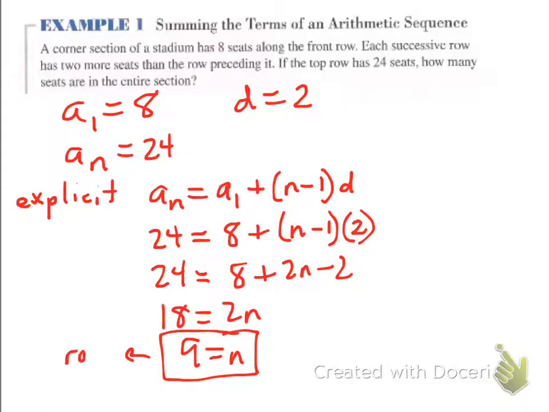This is the number of rows. Now, it says how many seats are there in the entire section. So I have a finite sequence. There's 9 terms. So when I write my summation, there's sigma, from n equals 1 to 9.